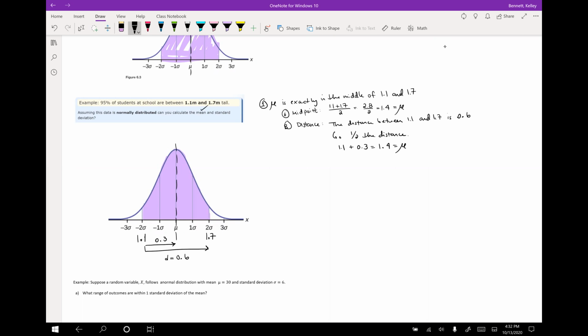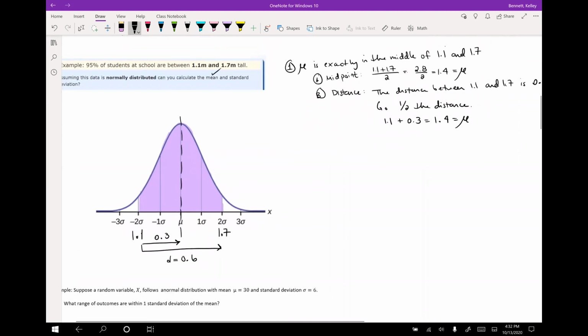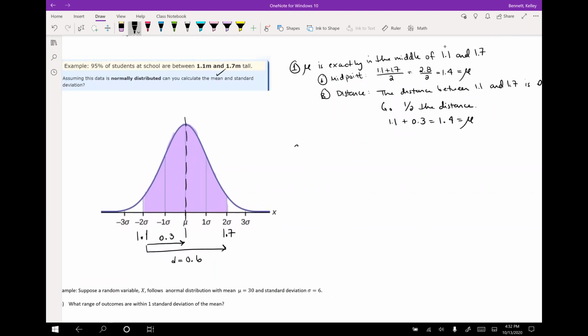Now there are a couple of ways we can do this. We can use the 1.7 or we can use the 1.1. How shall we look at this? We should probably write down what the mean is. We know the mean is 1.4. So if I'm at 1.4 and I go up 2 standard deviations, this is mu plus 2 sigma.